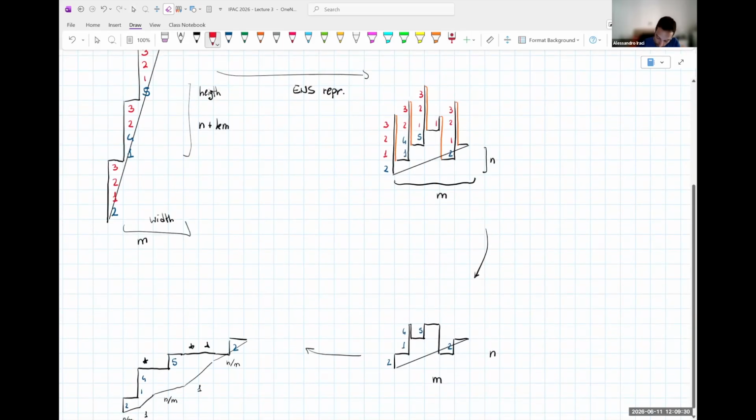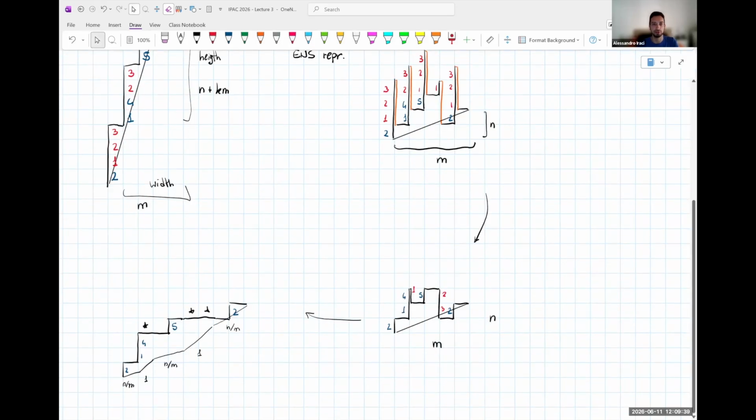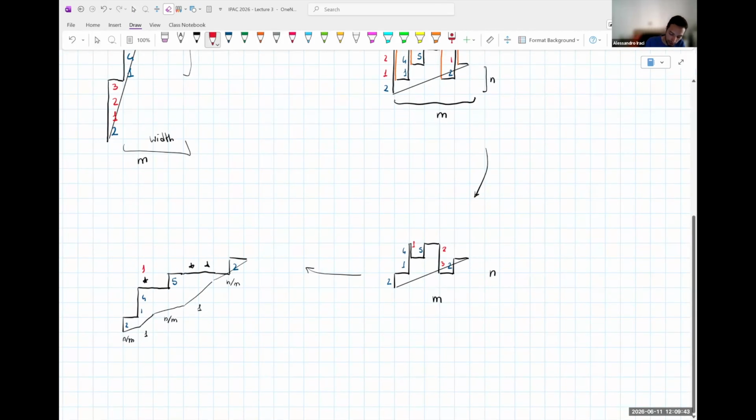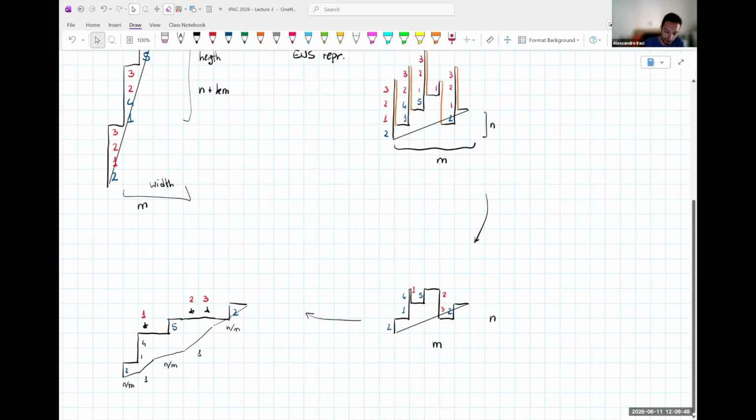So that's gonna be 1, and here we're gonna have 2 and 3, increasing going down. So these decorations are gonna correspond to 1, 2, and 3. And all over here, we have the convention that the red numbers are bigger than everything.